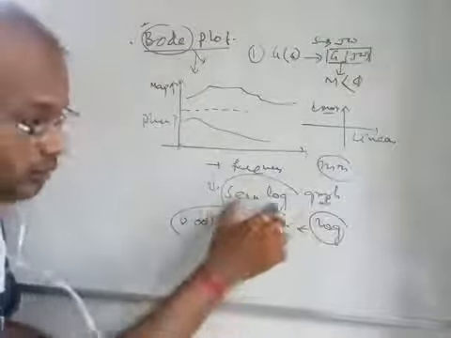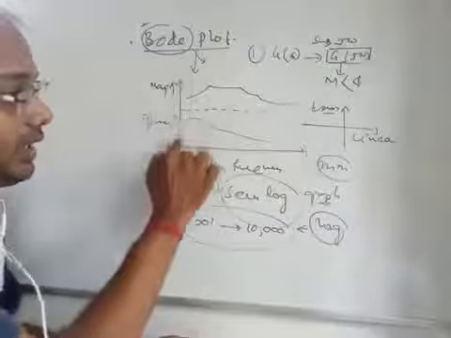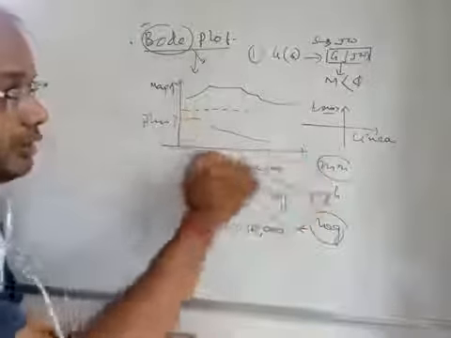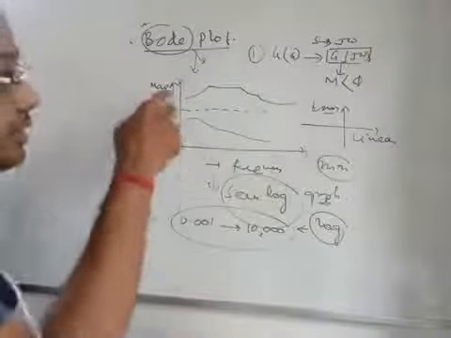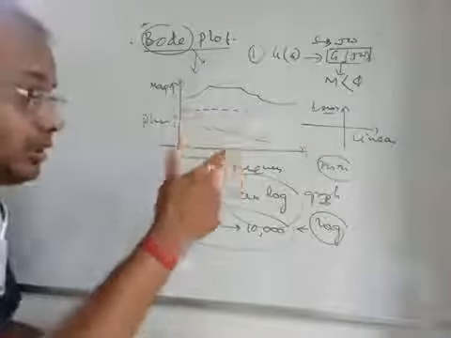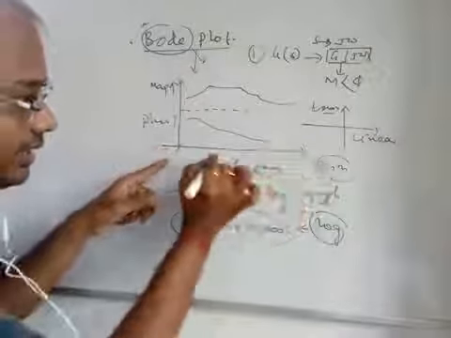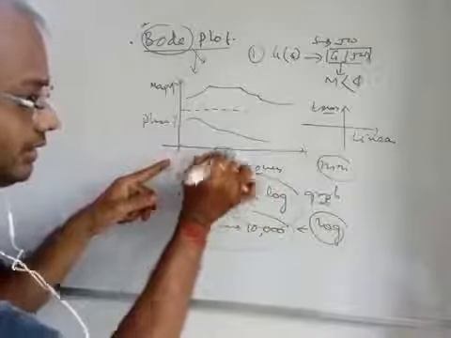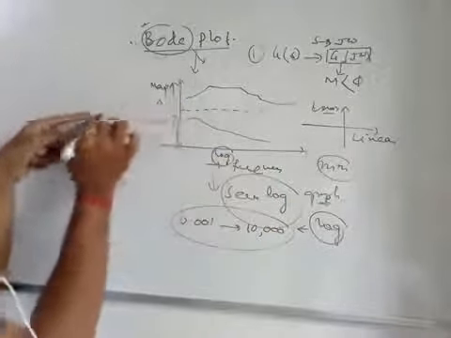Now the question is why this is semilog graph paper. If this is your graph, where frequency versus phase and frequency versus magnitude will be plotted, here we see the frequency axis is a logarithmic axis, a log scale, and the magnitude and phase will be linear in nature.